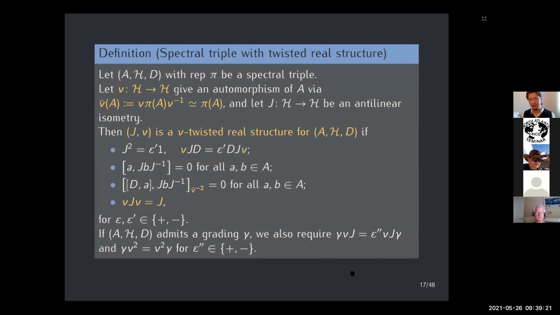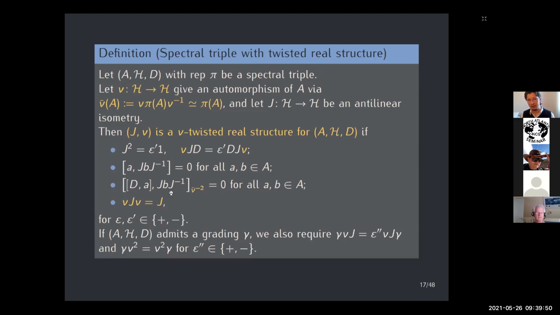So you can use this as a template to define a spectral triple with twisted real structure, where we have some twist operator nu, which we'll generally take to be bounded. It gives an automorphism of the algebra, like so, by conjugation. And we have some antilinear isometry J. And then again, we have nu factoring into the commutation relation of J and D. There's this twist on the outer commutator of the first order condition.